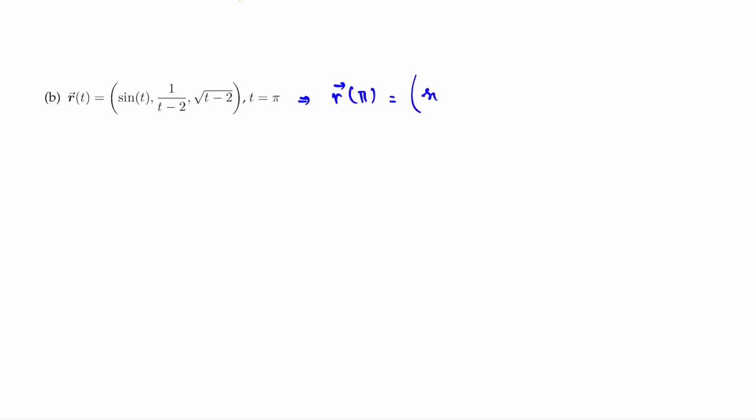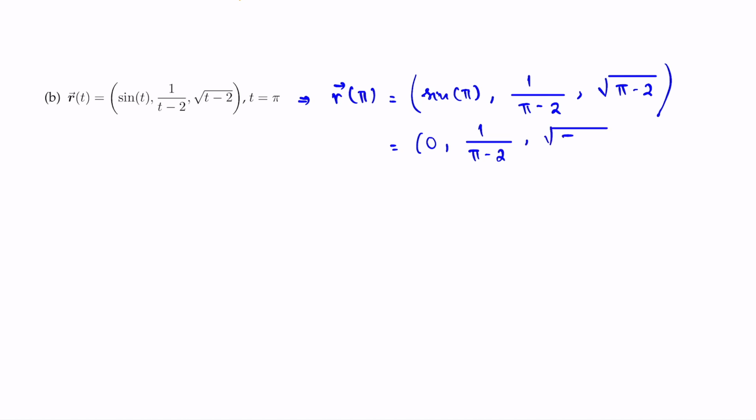So you're going to get sine of pi, comma 1 over pi minus 2, comma square root of pi minus 2. Sine of pi is equal to 0, so you can simplify that a little bit. The first component is 0, the second component is 1 over pi minus 2, and the last component is square root of pi minus 2.